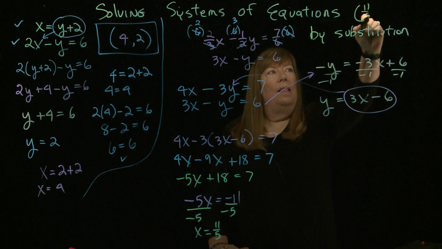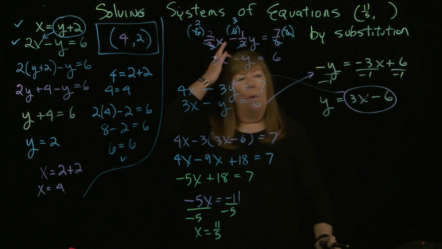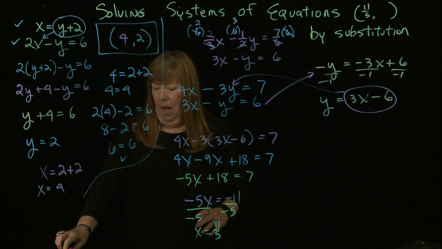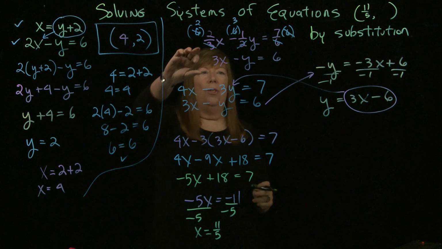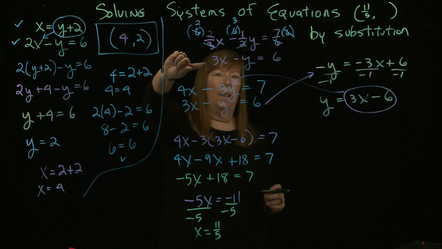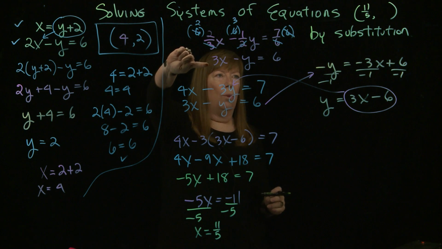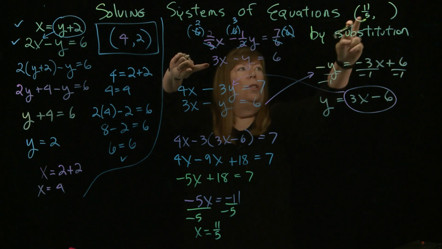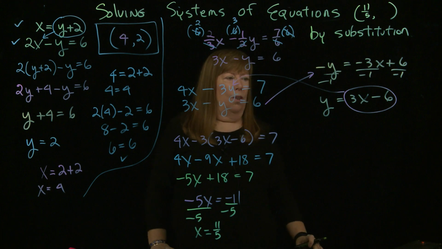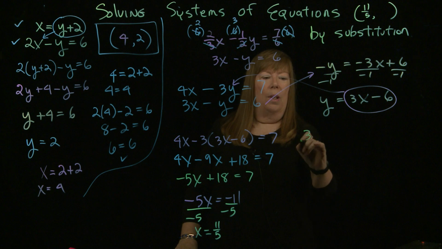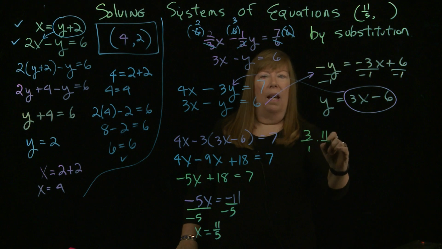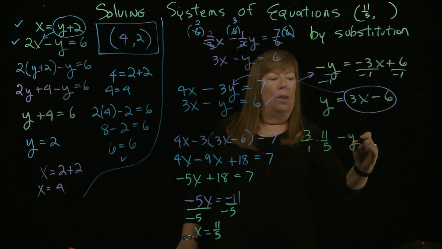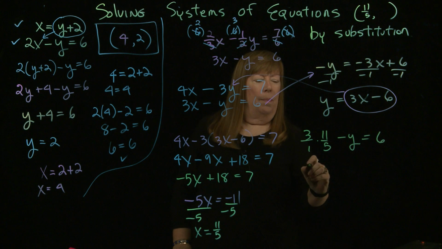We have the x, but we need the y that goes with it. All right, pick either of the original equations. It doesn't matter which. I think the one that didn't have a fraction in it will be easier. And we're going to substitute 11/5 for x and solve for y. So 3 times 11/5 minus y equals 6.